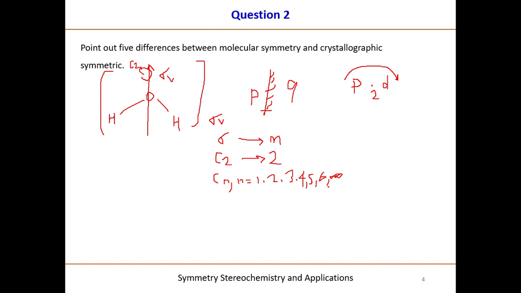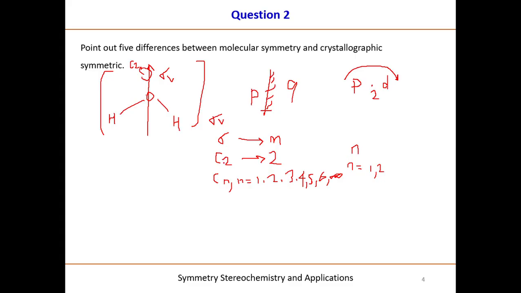Till infinity. While in case of the crystallographic symmetry, the number of fold of symmetry axis is given by n is equal to 1, 2. In molecular symmetry we denote it directly Cn, and in crystallographic symmetry we are directly writing n.